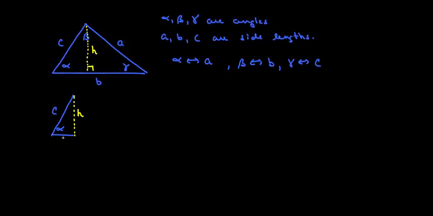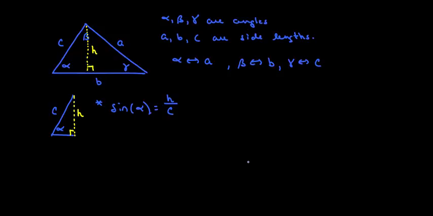Since this is a right angle down here, I can use my trig functions. So the sine of alpha is going to be equal to the opposite side, which is H, over the hypotenuse, which is C. So we're going to hold this idea now, and we're going to do the second triangle.